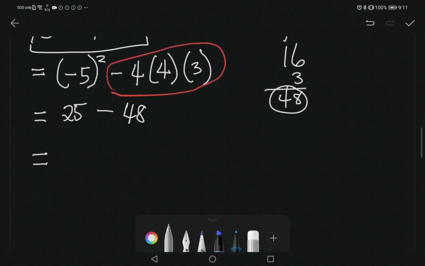And then 25 minus 48, mas dako ang 48. So, ang kuha diya magkuha og sign, negative. So, imo na siyang i-minus. 48 minus 25 is 23, -23.